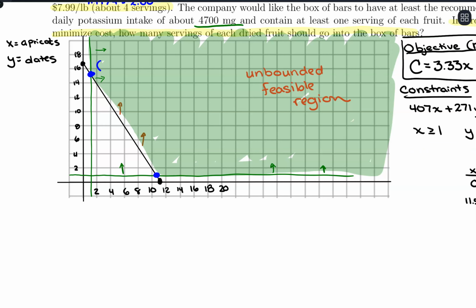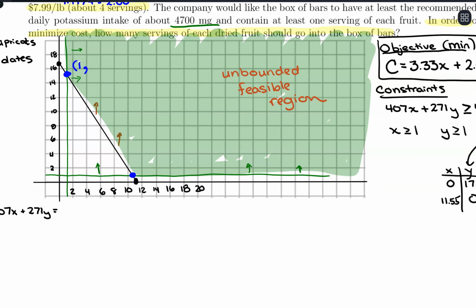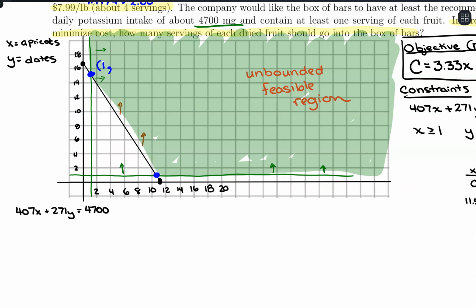Well, we know what our x and y value is. For this first case, we would have that x is equal to 1, and we just need that y coordinate. So if we have this 407x plus 271y equals 4700, what happens when x equals 1? So 407 plus 271y equals 4700.